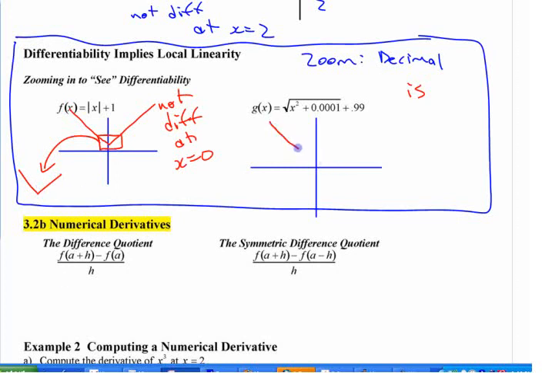Whereas this one from far away looks like that, but if you zoomed in on this, it looks like that on the bottom, sort of. That doesn't look anything like that. It's sort of still straight, but right on the bottom it's like that. It is differentiable at 0. Make sense?